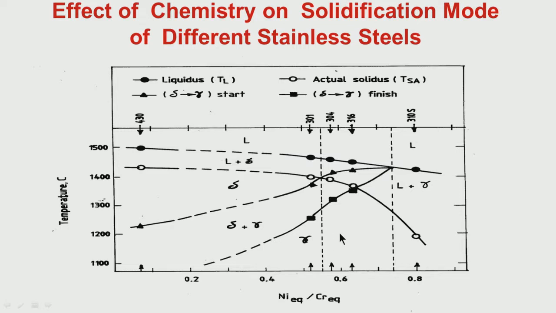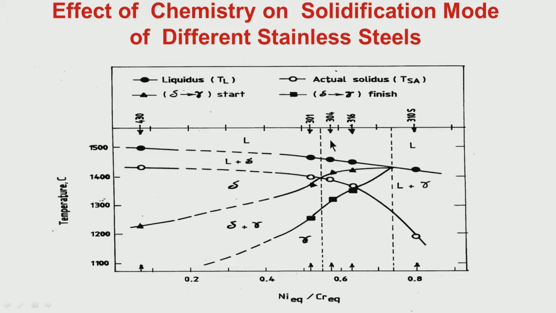The implication is that above 0.55 nickel equivalent by chromium equivalent, this delta to gamma transformation is taking place during solidification, that is, before the completion of solidification it has started. This is very important. So in 304, what is happening?